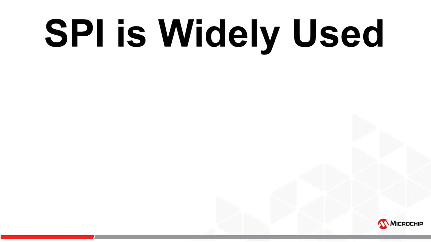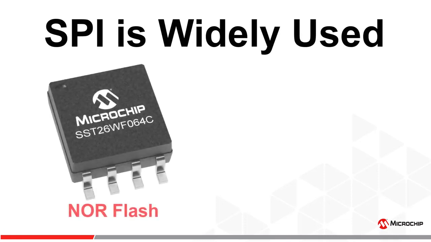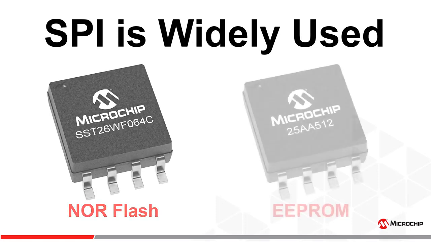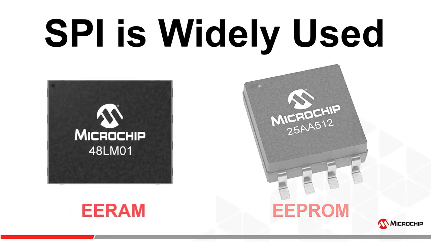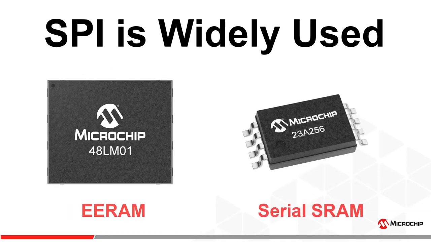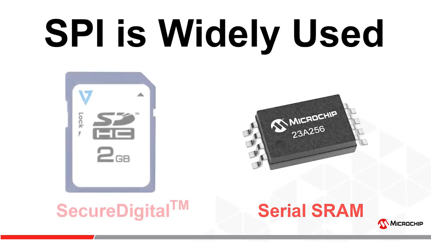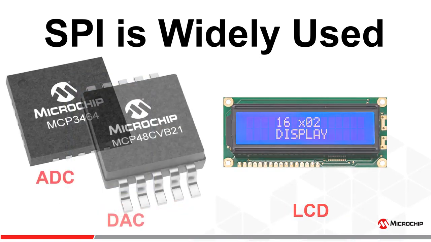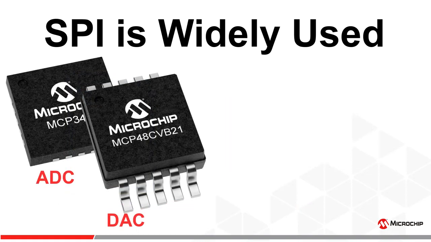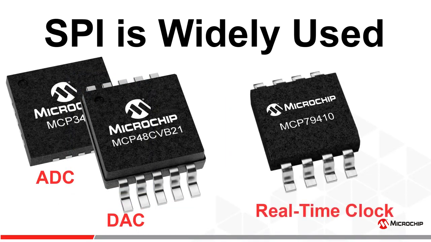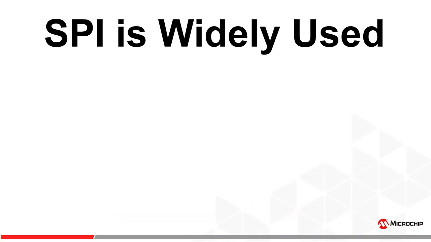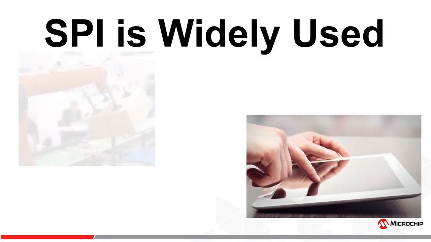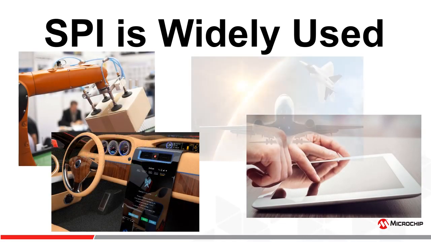SPI devices are found in standalone memory devices like NOR flash, serial EEPROMs, EERAMs, and SRAM devices, secure digital memory cards, liquid crystal displays, A to D and D to A converters, and real-time clocks. This makes SPI a common and widely used serial bus across many applications, including consumer electronics, industrial equipment, automotive, and aerospace.